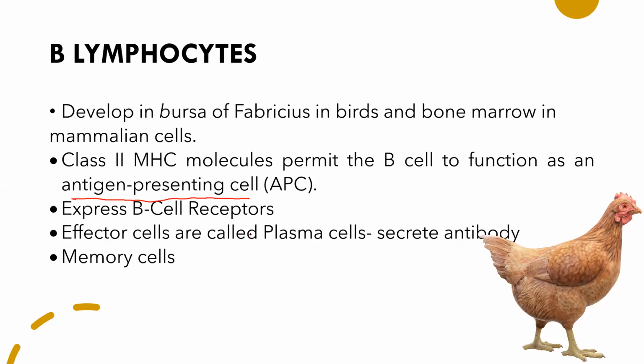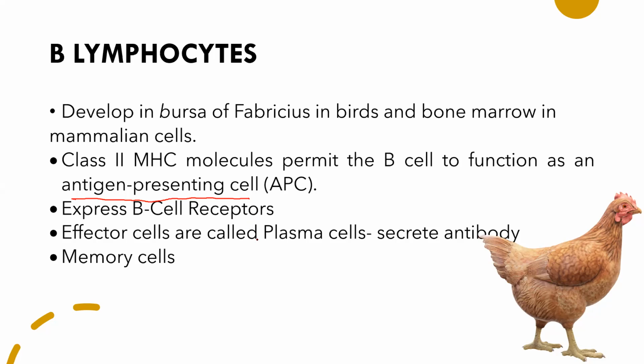And when this entire pathogenic organism enters, they break it down into smaller pieces. If it is protein, it will be chopped into smaller peptides, and those smaller peptides will then be presented on the surface of the B cell.